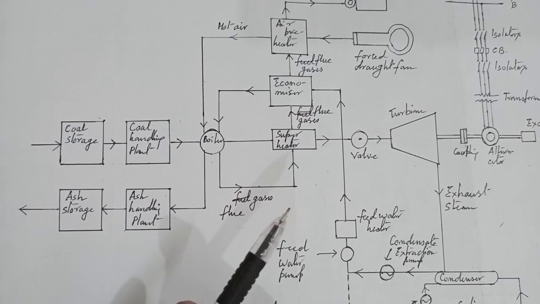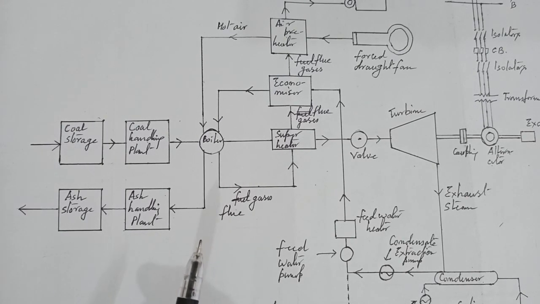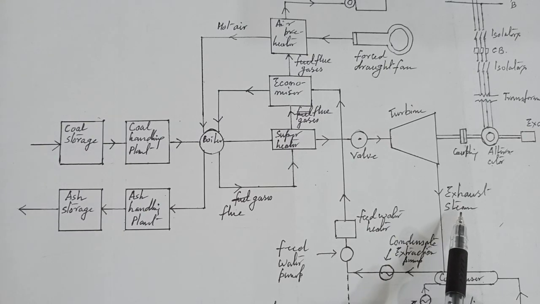Cooling arrangement. In order to improve the efficiency of plant, the steam exhausted from the turbine is condensed by means of condenser.